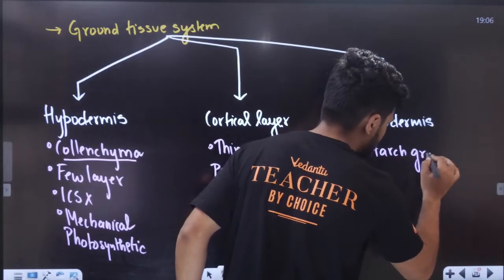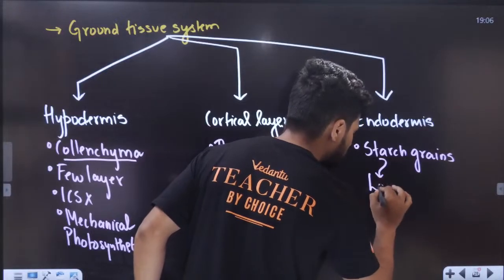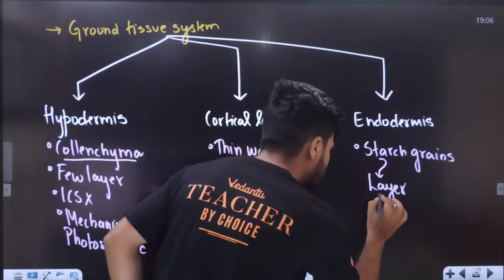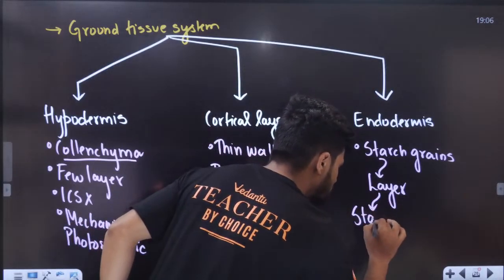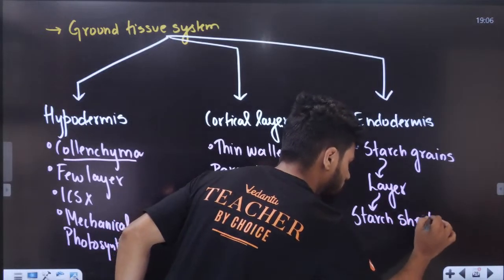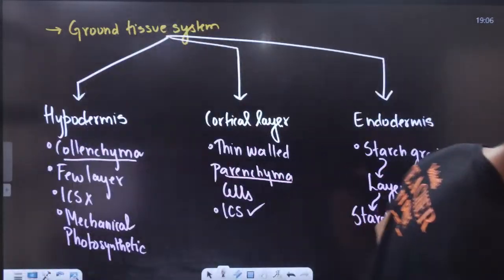All the starch grains are present in the form of a layer, and the entire layer is called the starch sheath. That is your endodermis.